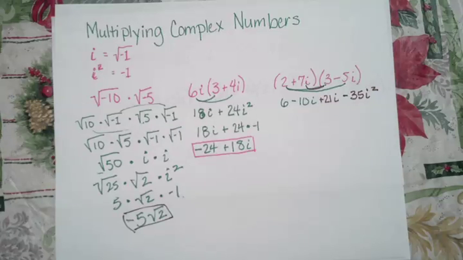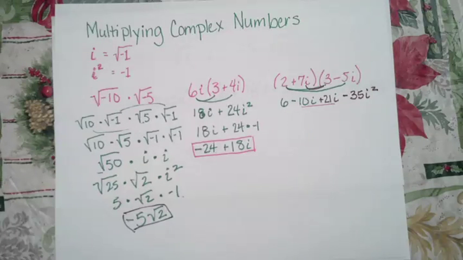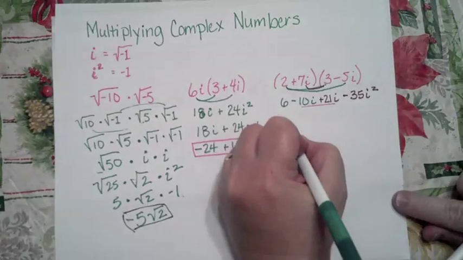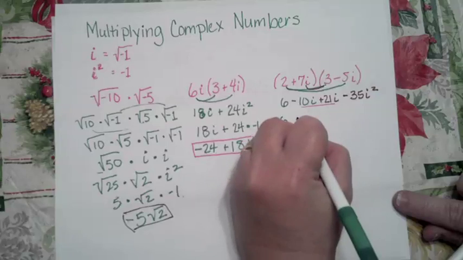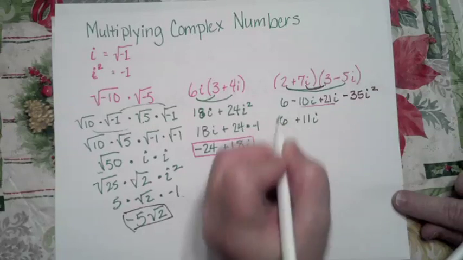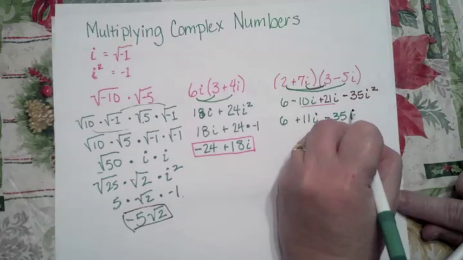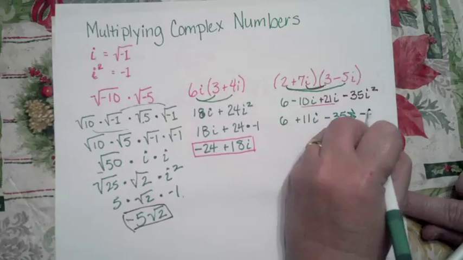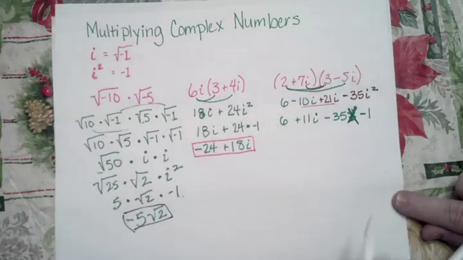So let's first see if we can do some combining of like terms. And I can, because these two both are just i. So we're going to put those together. I'll have 6 minus 10i plus 21i gives us a positive 11i. And I still have this negative 35i squared. But remember, i squared is negative 1. So I'm going to just say times negative 1.